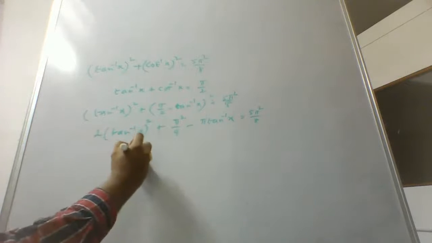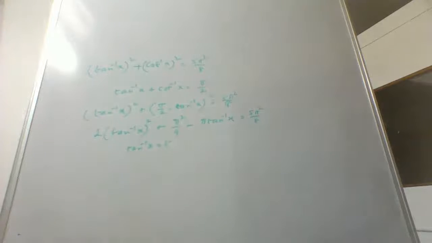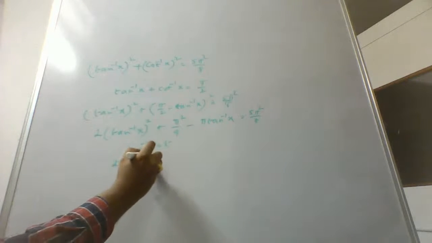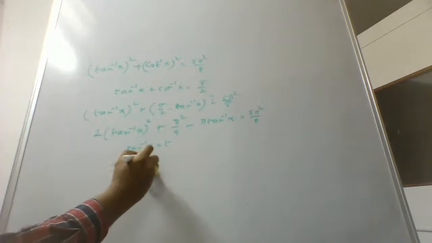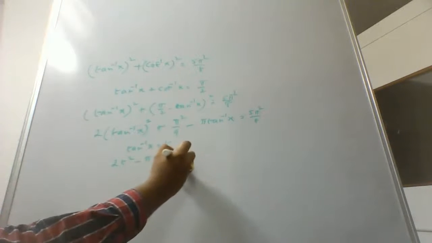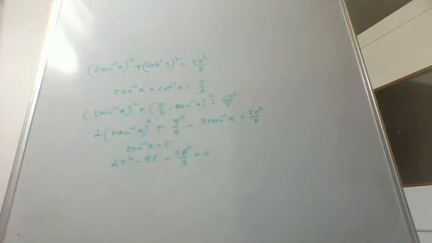Now put tan inverse of x as t. So I get 2t square minus pi t minus 3 pi square by 8 is equal to 0.